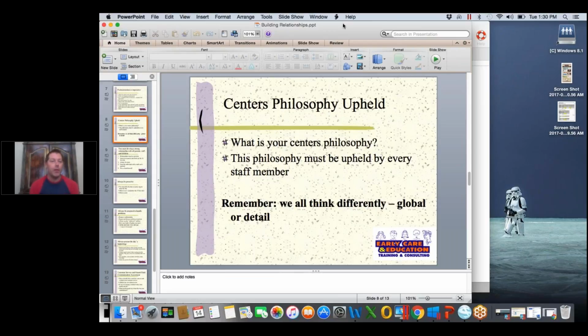How this is going to help with the social development in the classroom is, again, the companionship and the cooperativeness between the teachers that are all working together, and it keeps everybody on the same page. When you keep everybody on the same page, it creates repetition.